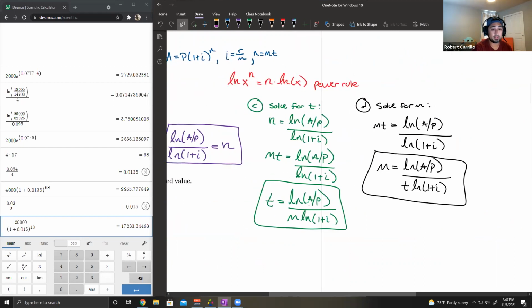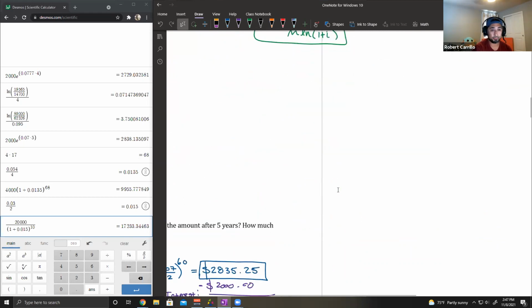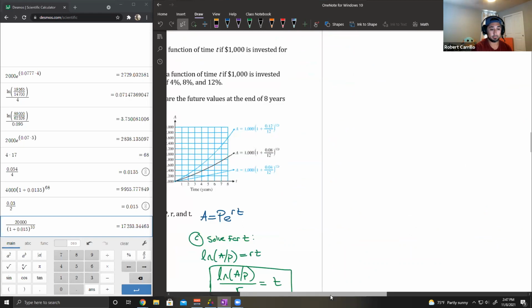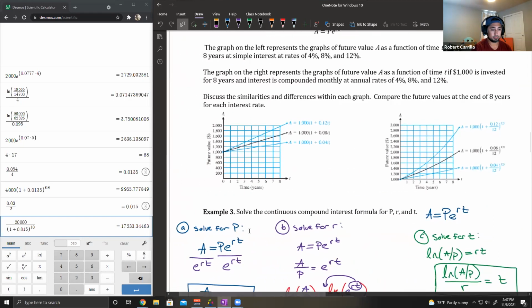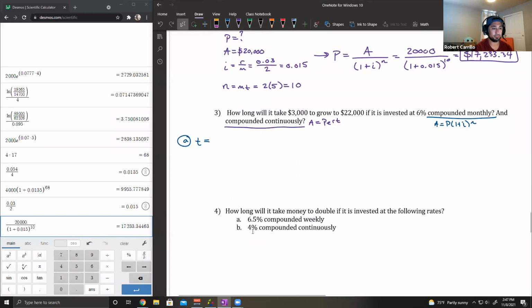Time is natural log of A over P, over n times the natural log of 1 plus i.